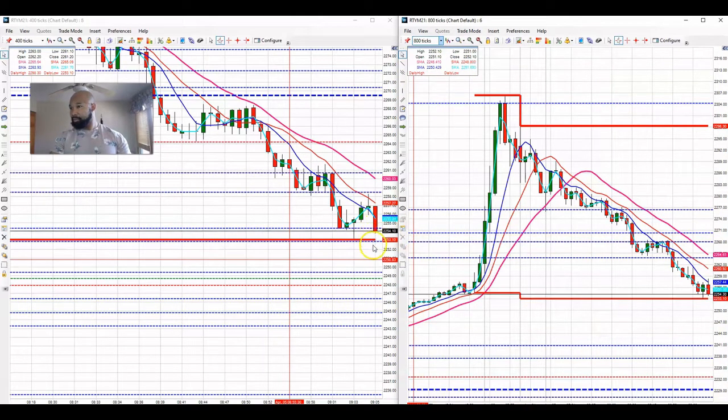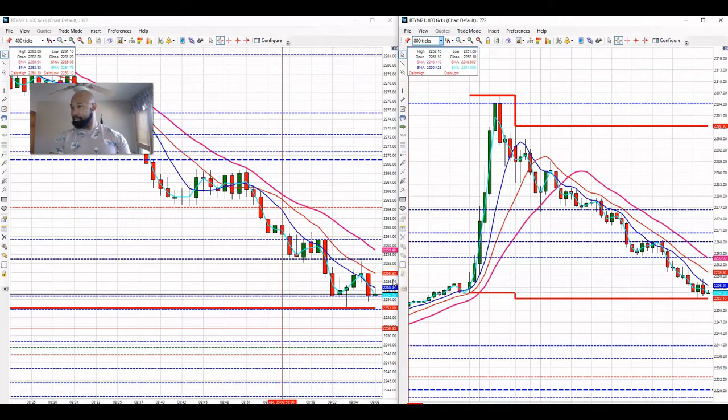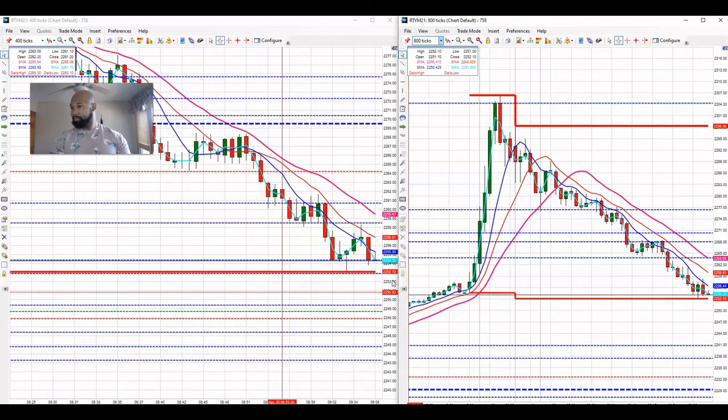Is price action going to cross the previous low? This low here? Maybe, maybe not. Okay, it's crossed it. Is it going to cross that low?